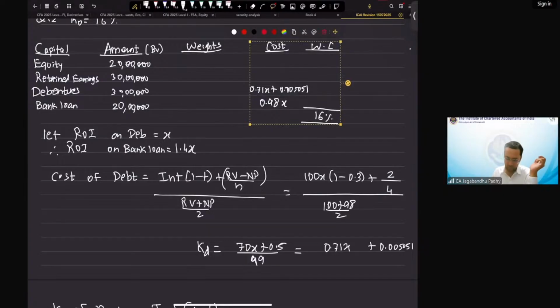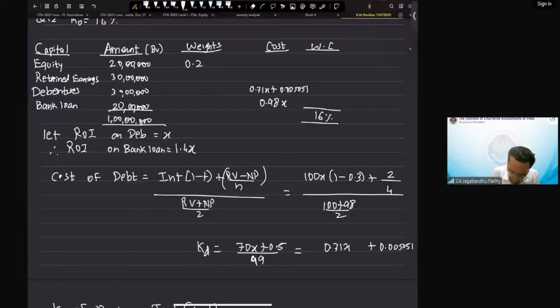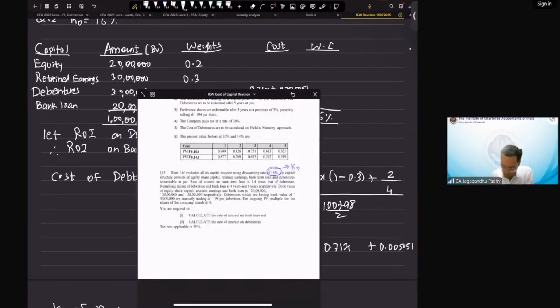Okay, so weightage, this is going to be 1 crore. Weightage is going to be 0.2, 0.3, 0.3, and 0.2. So weights are going to be like this, and we have got the cost of debentures, bank loan, retained earnings, and the cost of equity is going to be same.